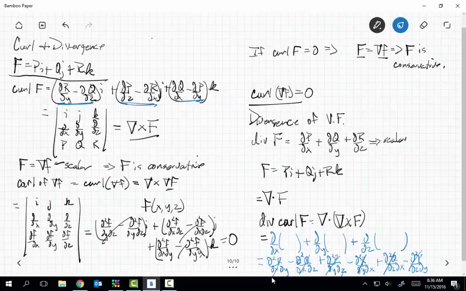Boom, boom, and I get 0, which is awesome. So we know that the divergence of the curl of F is equal to 0, irrespective of the vector field. All we need is enough partial derivatives, right? I've got to be able to take all the partial derivatives that I need to make this happen.